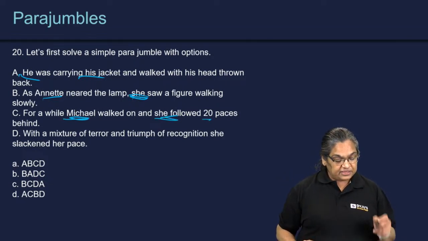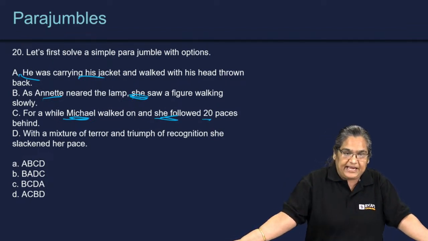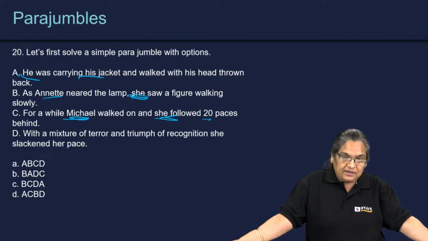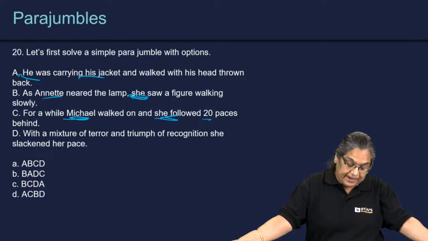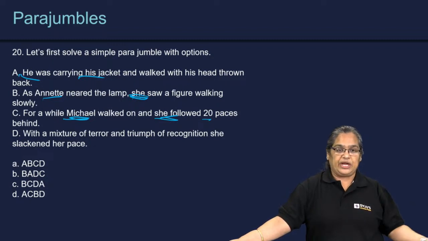With a mixture of terror and triumph of recognition, she slackened her pace. Got it? He was carrying his jacket. She saw a figure. For a while, Michael walked on, she followed. With a mixture of terror and triumph of recognition, she slackened her pace. Slackening her pace means slowing down.